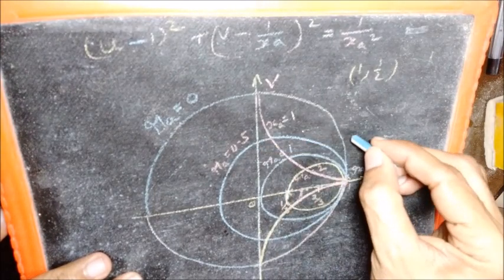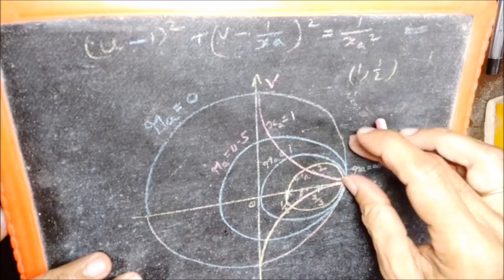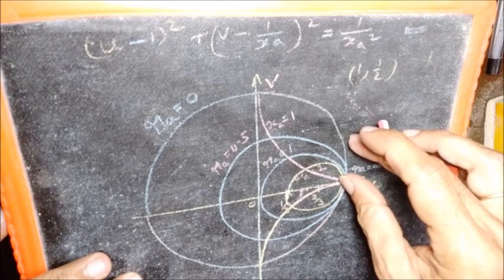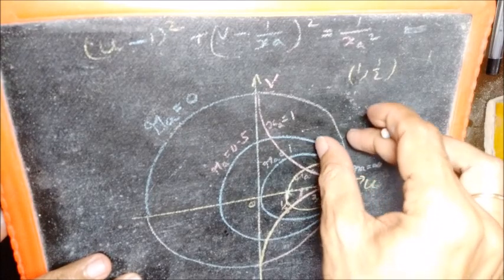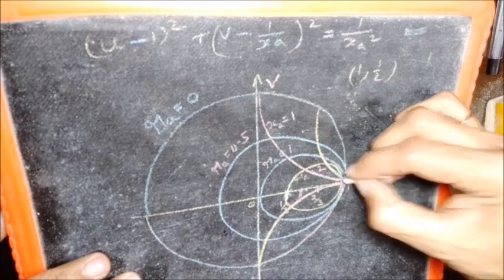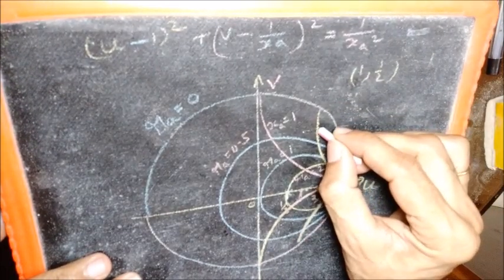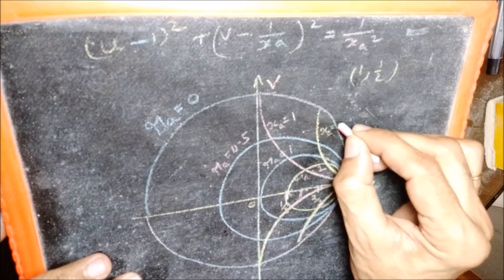This is roughly 1 by 2. And since we are concerned only with what is happening inside this unit circle, we will have a picture like this. So roughly it will look like this. So this corresponds to XA equal to 2.